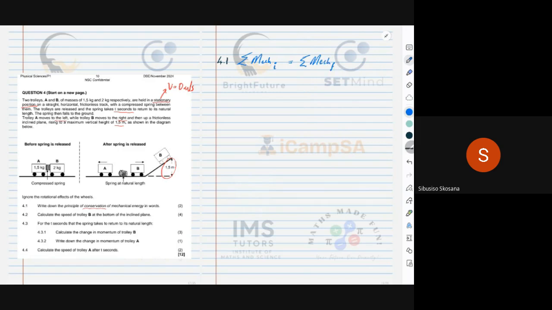So, in words: the total mechanical energy in an isolated system, please remember, the system is isolated, remains constant.